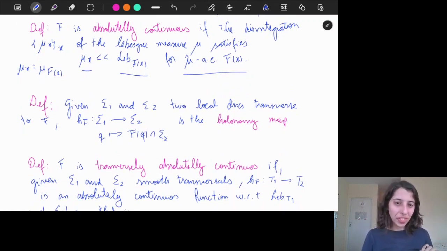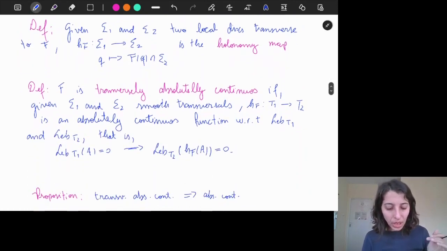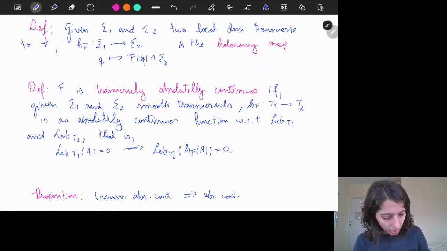To define it, first I need to define the holonomy map. So, given a foliation F, we take two transverse local disks, sigma 1 and sigma 2. Let me draw it. So this is sigma 1 and this is sigma 2.